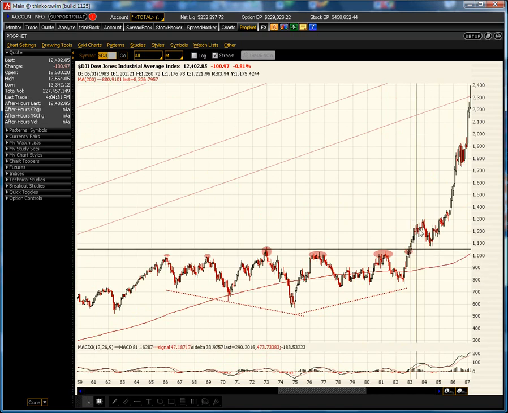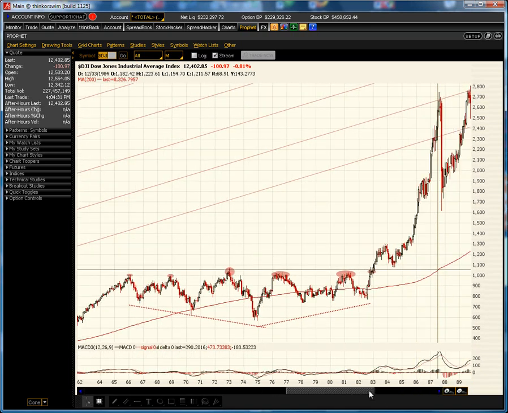It came back to test it again, and that's one of the principles that we're going to talk about. But it did break through this psychological level of 1,000. No longer was resistance, it became support. And from then on, boy, the market just absolutely took off.